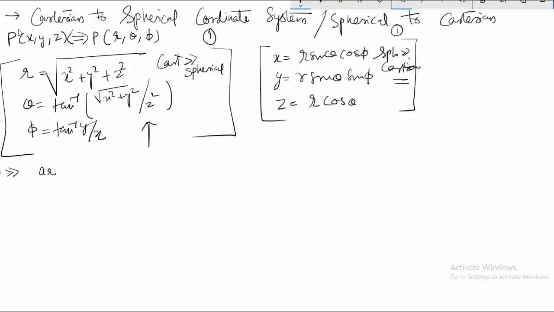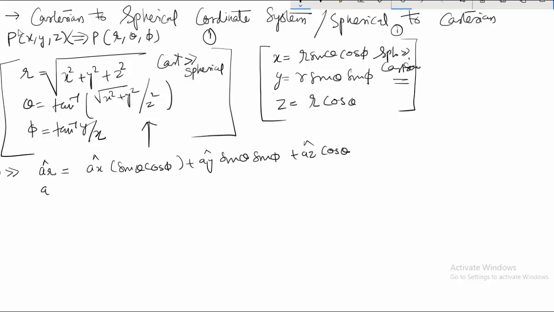To represent a unit vector, AR can be represented as AX sin theta cos phi plus AY sin theta sin phi plus AZ cos theta.